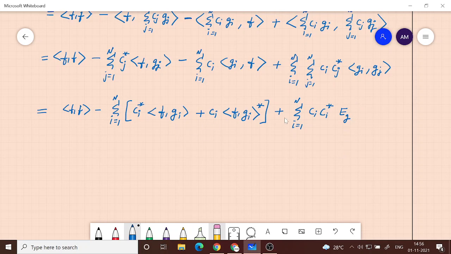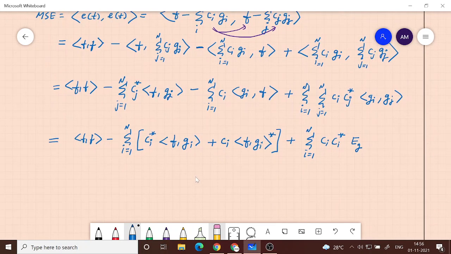Now I can combine the last term with the previous two terms. Is it clear so far? Sir, did you take i equal to j for gi and gj? No. There are n square terms. i can vary from 1 to n, and j can vary independently from i from 1 to n.